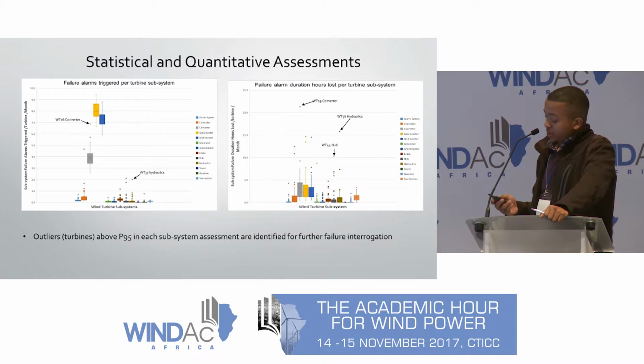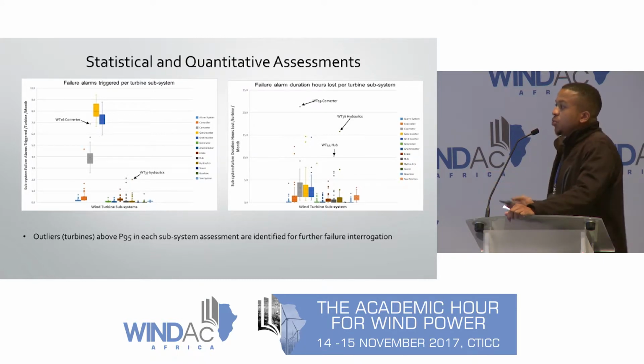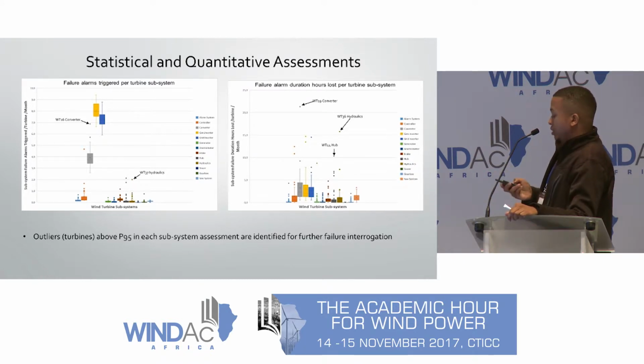By simply looking at this, we can see that there are a few subsystems which experience higher alarm failure rates throughout the 24-month period, and also wind turbines that experience alarm durations which are higher than the wind turbine population mean. That's also indicated over there. Next we will do a basic interrogation of one of the scenarios that occurred in one of these wind turbines that were studied.